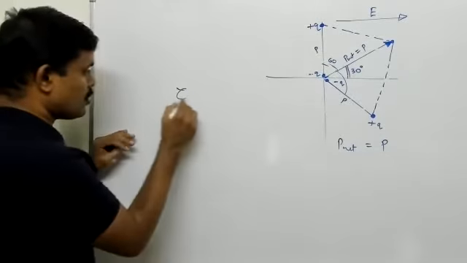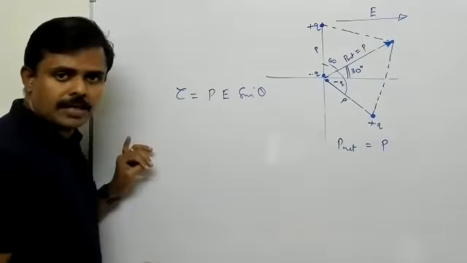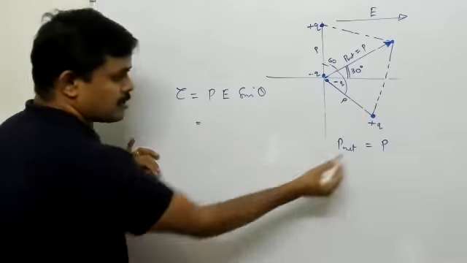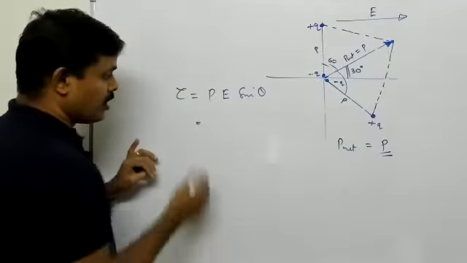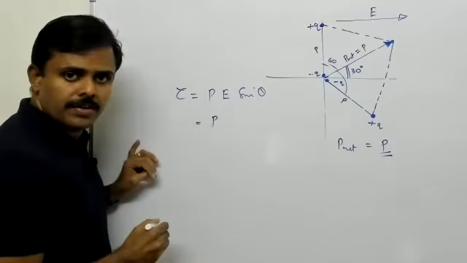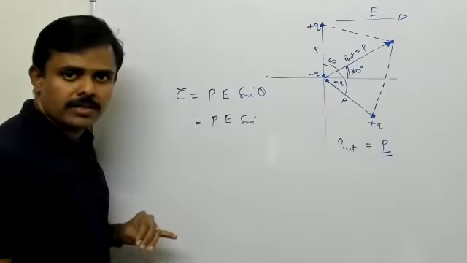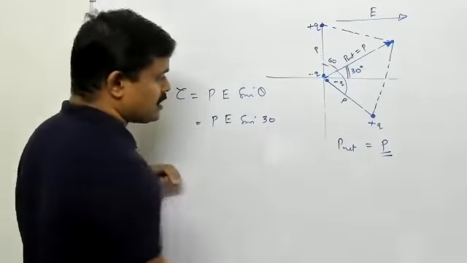What is the equation for torque? Torque is given by P E sine theta. What is P? P is P itself. What is E? E is E itself. Sine theta is what? Theta, I would say it is 30. Why?